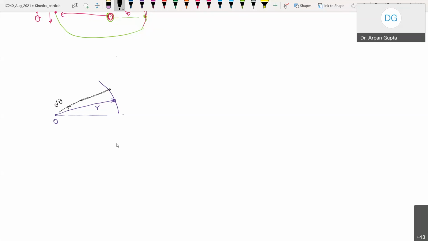If we calculate the area swept by this path of the particle and call it dA, this small area can be approximated as a small triangle, and I can write its area as half base into height, so half r times r d theta.